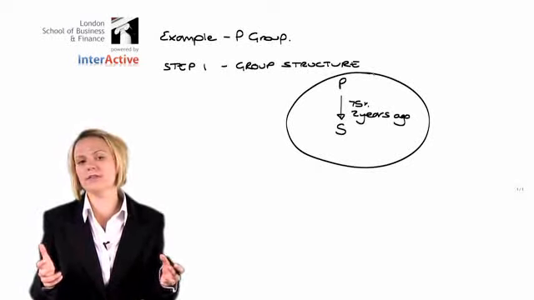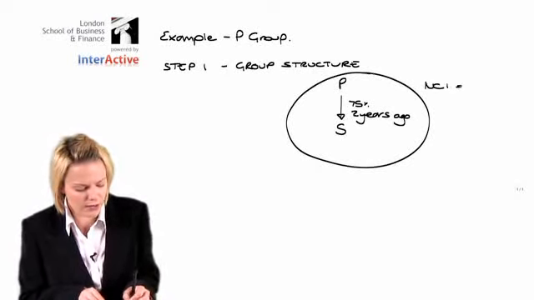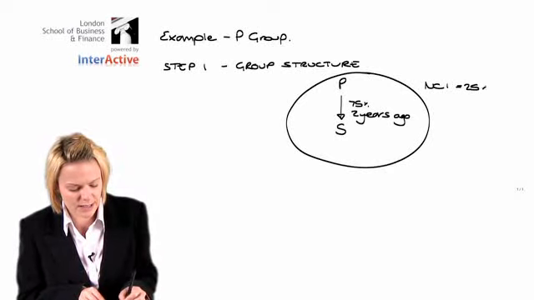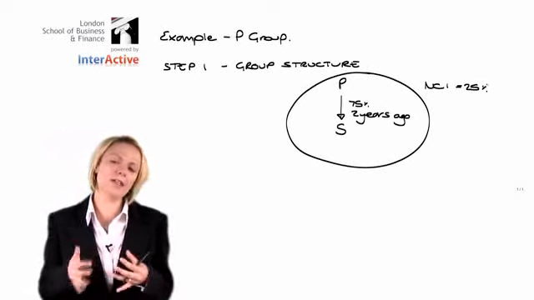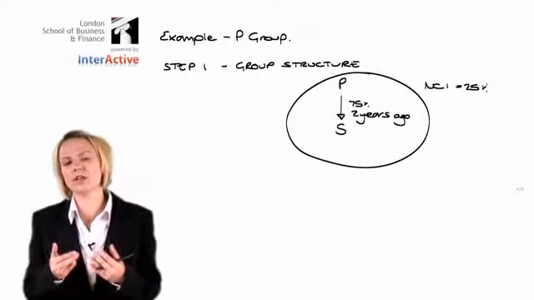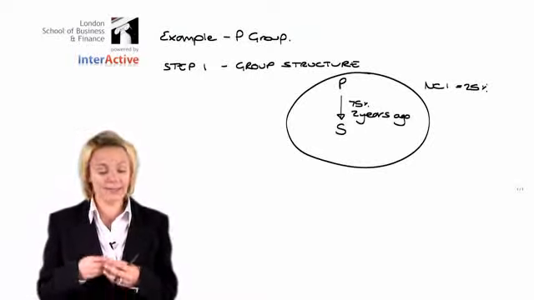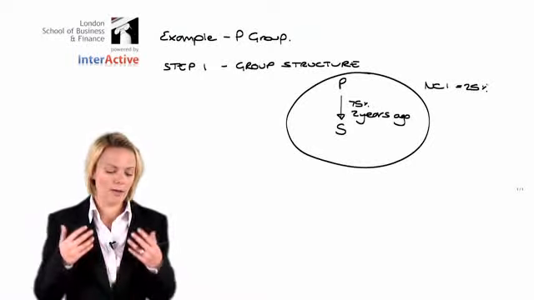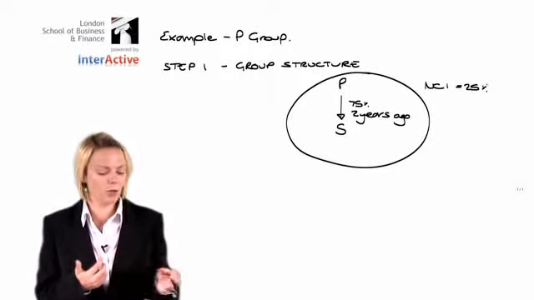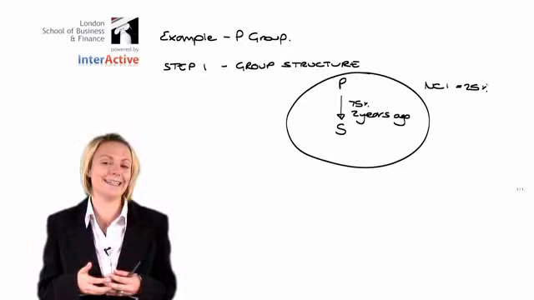Well, if we own 75% of Company S, the NCI would own the other 25%. Okay? And that's the first thing we always do, identify the relationship with the companies given in the question. In this case, parent and subsidiary are related. We have control, and therefore we draw a circle round them to represent the group, the single entity.